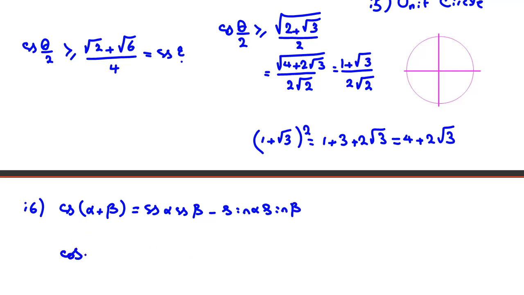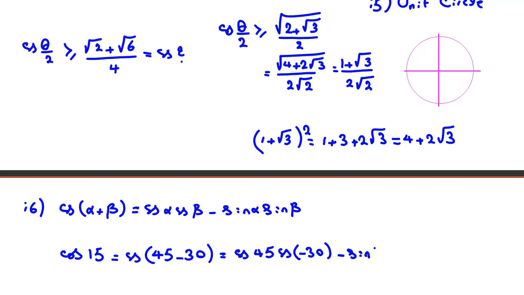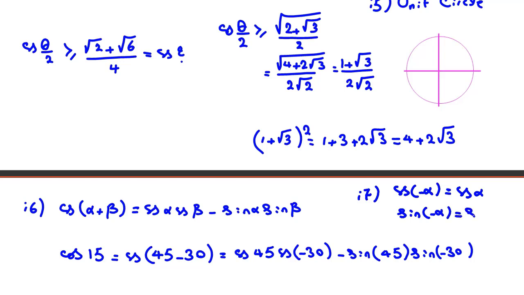And if you want to calculate cos 15, for example, you can say cos of 45 minus 30, okay? So it will be cos 45 cos negative 30 minus sine 45 sine negative 30, okay? So idea 7: cos negative alpha equals cos alpha, and sine negative alpha equals negative sine alpha. So now try to find cos 15 first on your own.